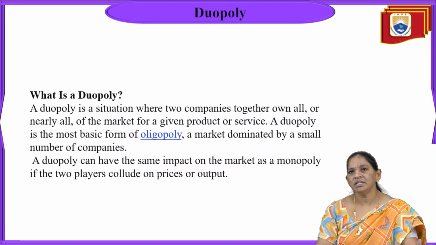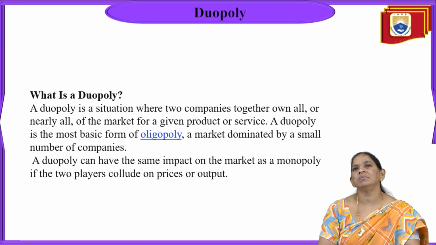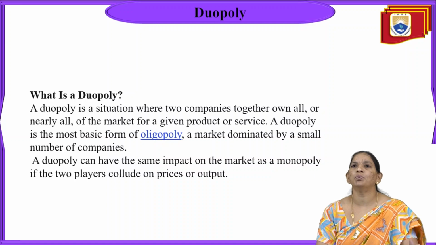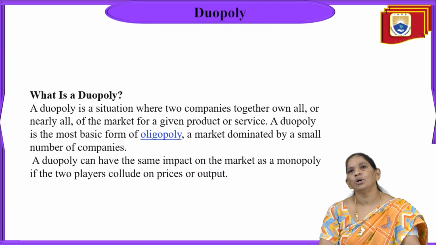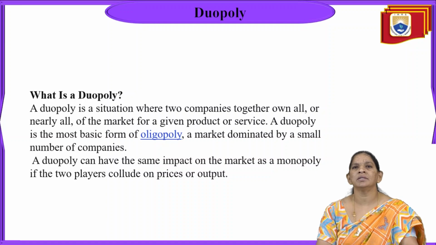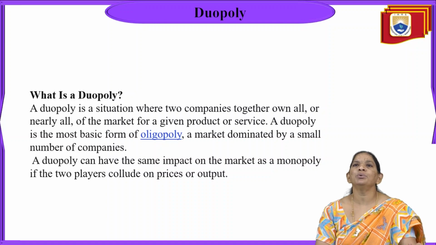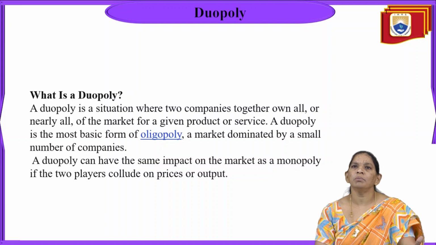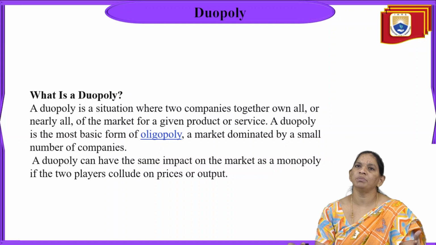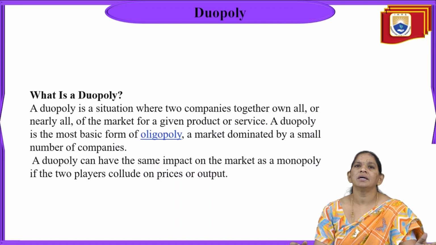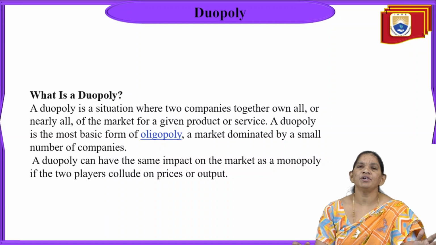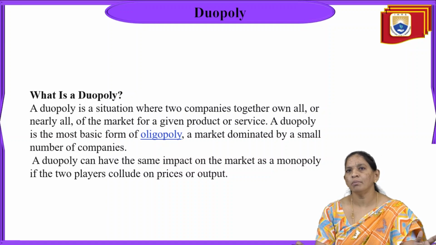As the name itself indicates, duopoly means duo is two, poly means seller. It is a market structure consisting of two sellers or two companies that compete in the market, in order to capture a part, or maybe 50%, of the share in the market.